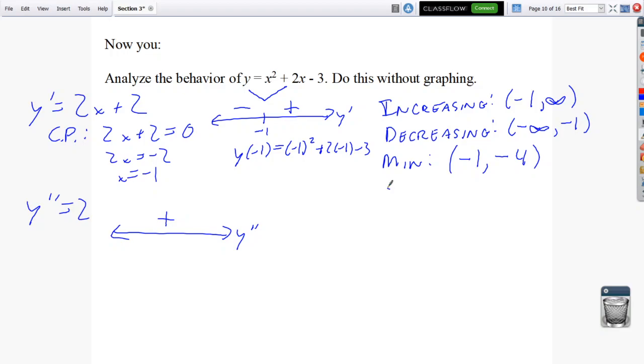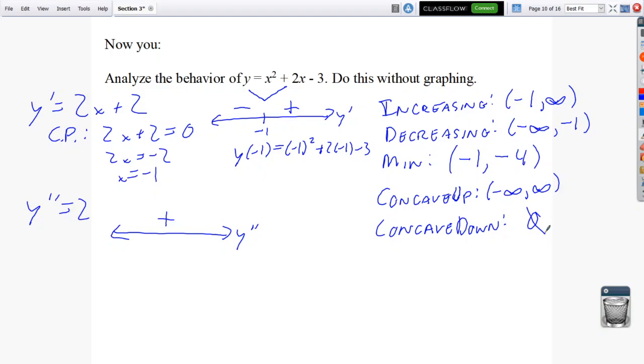So that determines where my function is concave up, concave up wherever second derivative is positive, and that is from -infinity up to infinity, and concave down nowhere. Which means I have no points of inflection.